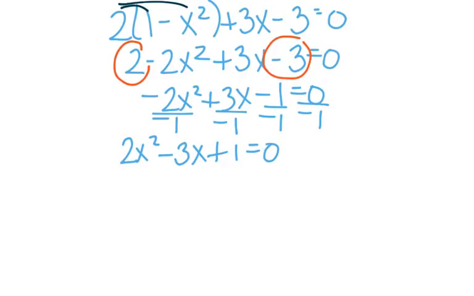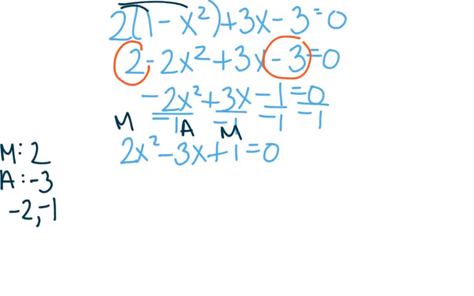Okay, so finally this looks like a normal MAM problem. I'm going to put my MAM on top. I need to multiply, in this case, to positive 2, and I need to add to negative 3. If I play around with the numbers, I should see that the two numbers that would work are negative 2 and negative 1. When multiplied, they give me positive 2, and when added, they give me negative 3.